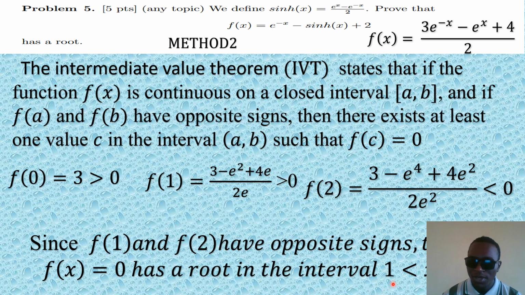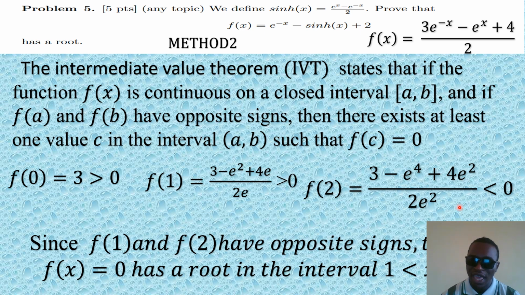After identifying this interval, we can clearly see that we can use interval bisection to get our roots. When we talk of interval bisection, it means we take the upper bound plus the lower bound, which is 1 plus 2, divide by 2, and you get 1.5. So we are getting closer to the solution.